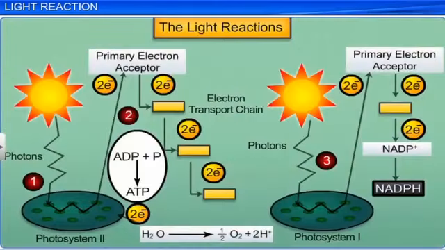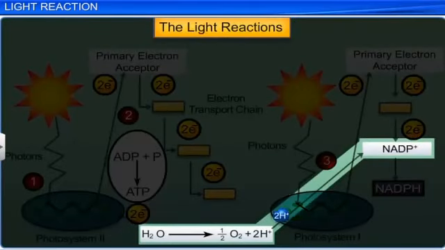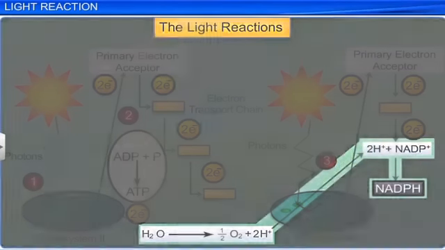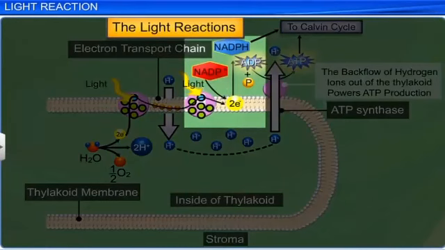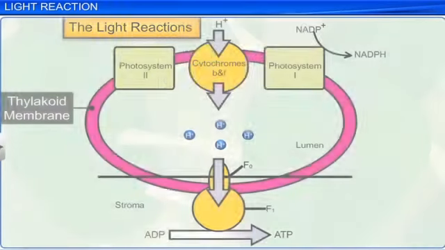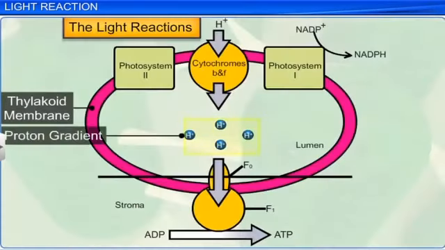The electrons that come from the acceptor of the electron of the PS1 and the protons are necessary for the reduction of NADP+. These protons are also removed from the stroma. Thus, protons in the stroma decrease in number, while in the lumen there is an increase of protons. This creates a proton gradient across the thylakoid membrane.